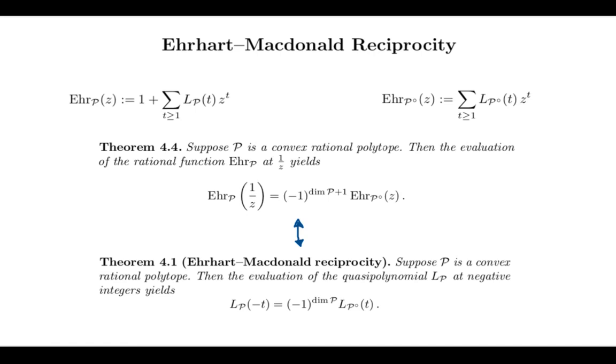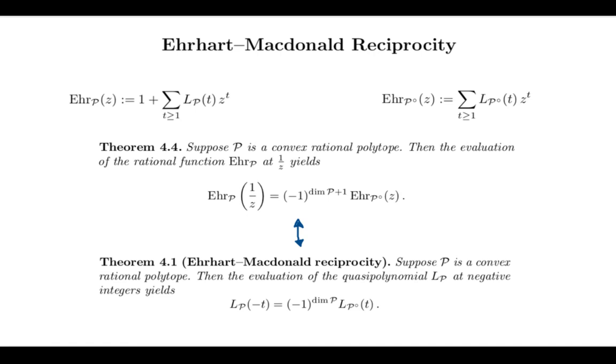Let me make one last comment about theorem 4.1 here. Just like Stanley reciprocity and theorem 4.4, the reciprocity theorem for Ehrhart series, only makes sense in the world of rational functions. Theorem 4.1 only makes sense in the world of polynomials or quasi-polynomials.